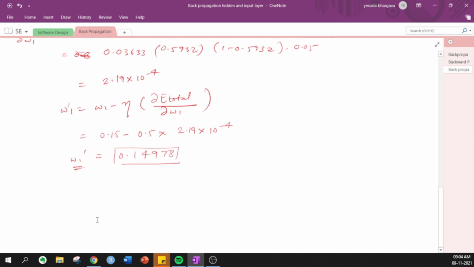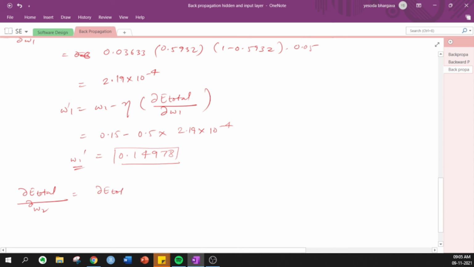Similarly, we can compute for W2, W3 and W4. I will just write reference formulas for you. To compute the updated W2, you can calculate the gradient like this.